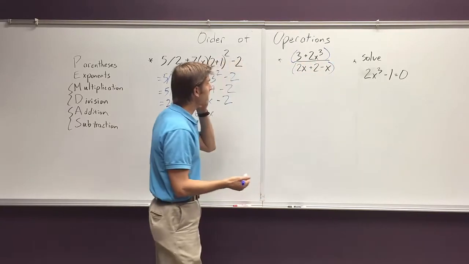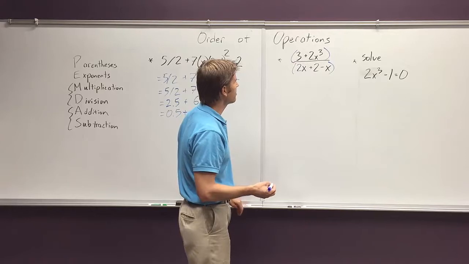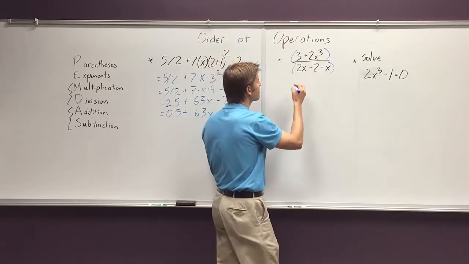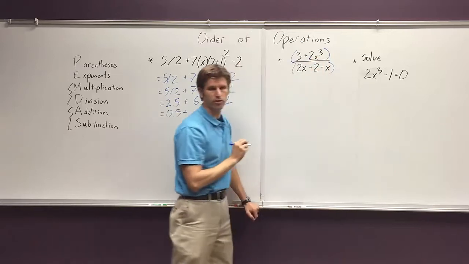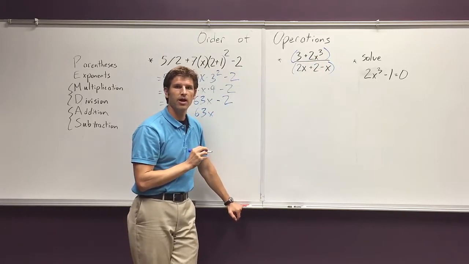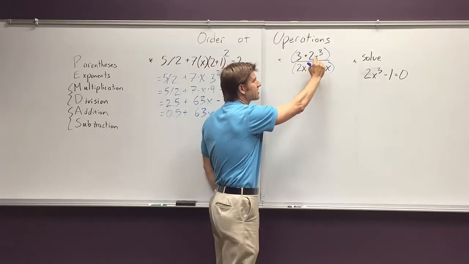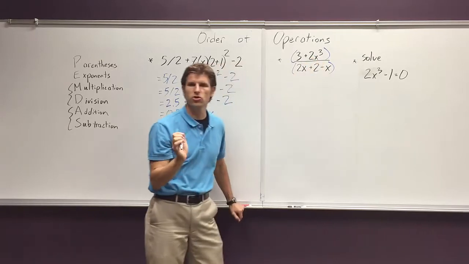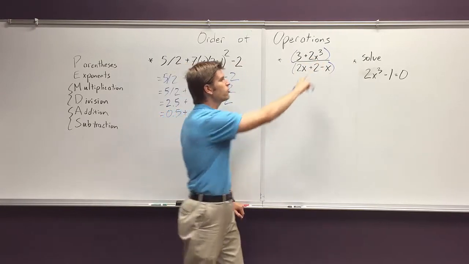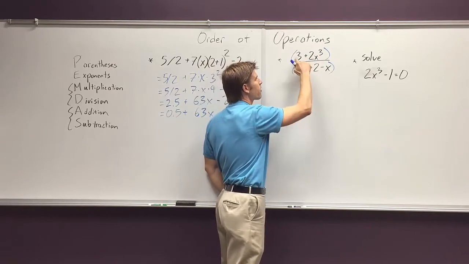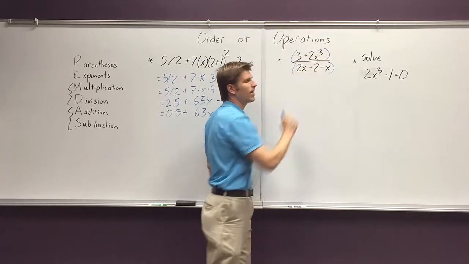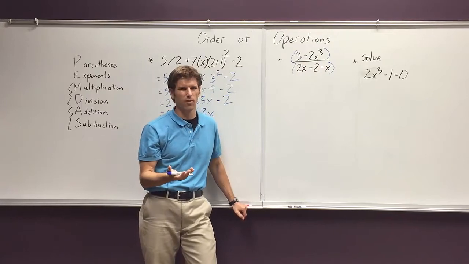So here's what happens in a context like this, okay? In the numerator, we have x to the third, okay? That means x times x times x, not 2 to the x, not 2 to the third, just x to the third. We have 3 added to that term. Now here's the weird thing about order of operations.